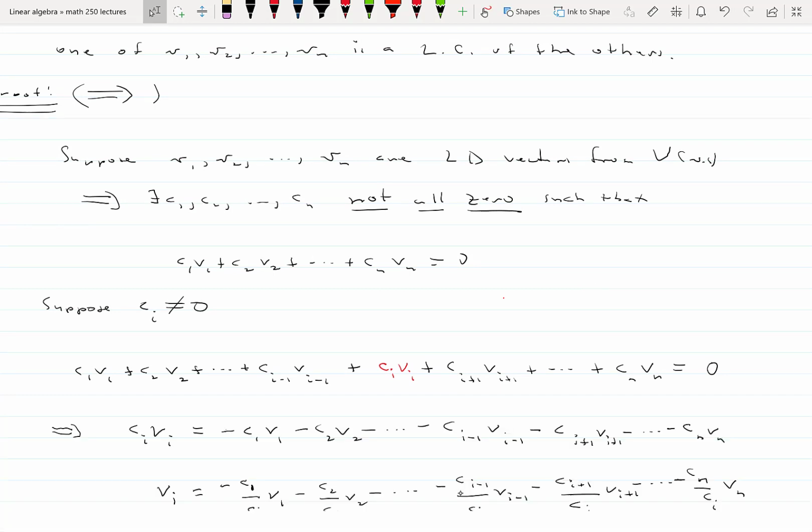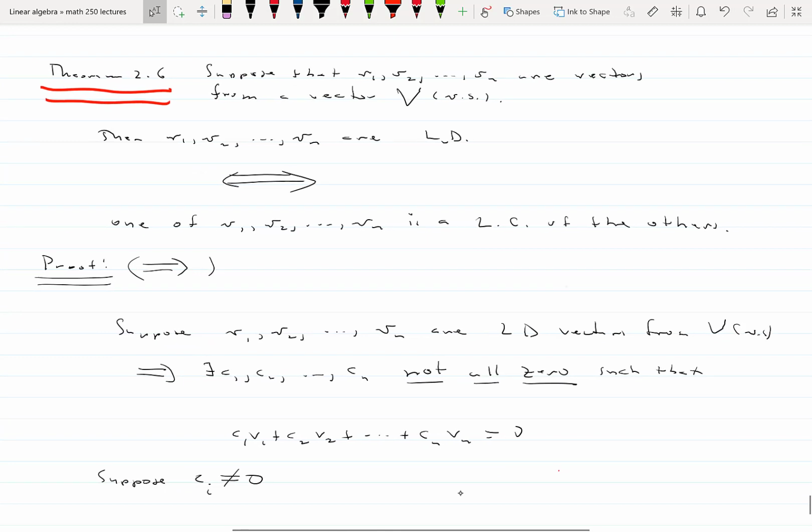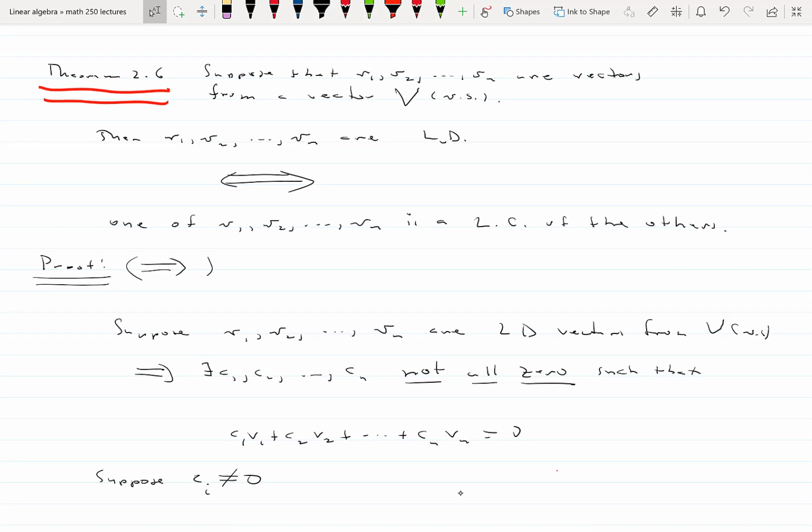That is, suppose that we have n linearly dependent vectors from a vector space. We want to prove that there exist constants that are not all... I'm sorry, I got lost. Sorry. We're assuming that the n vectors were linearly dependent.